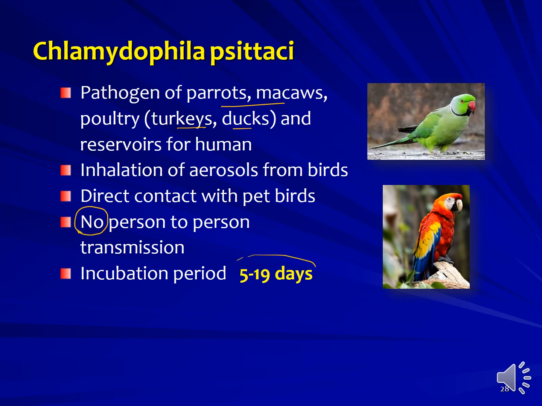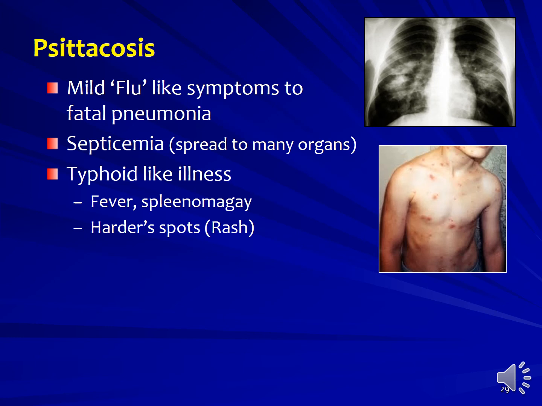After an incubation period of 5 to 19 days, people suffer clinical manifestations. Psittacosis manifests from mild flu to severe or fatal pneumonia, and you can see the inflammatory process of pneumonia on the chest X-ray.